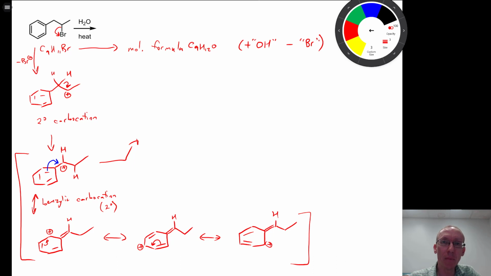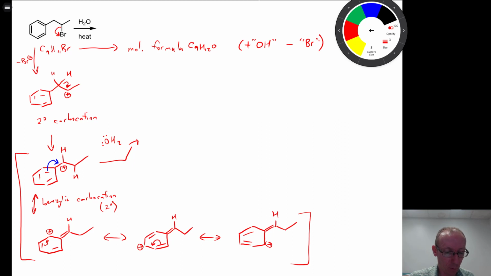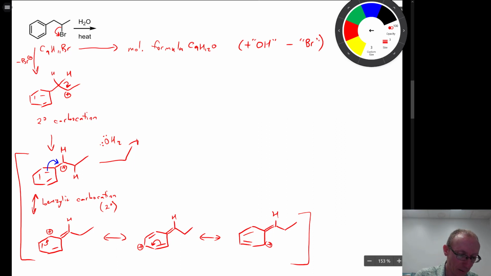Now, I could get the bromide anion to attack that position, and we would get a benzylic bromide. However, the product, we're told that it's C9H12O, so it must be an alcohol. So we're heating this reaction mixture in water. So there must be a lot of water, and so by sheer mass of water, we're going to get the major product being the product of water attacking that carbocation.